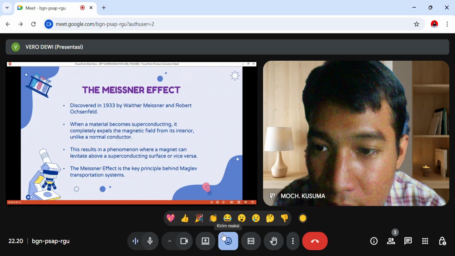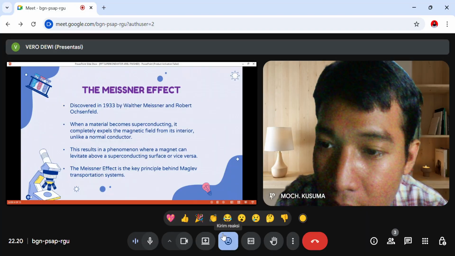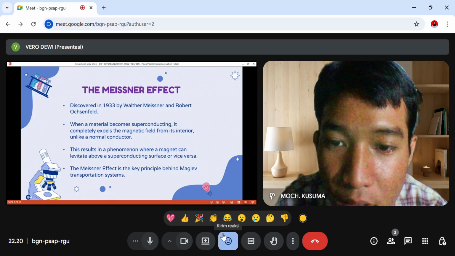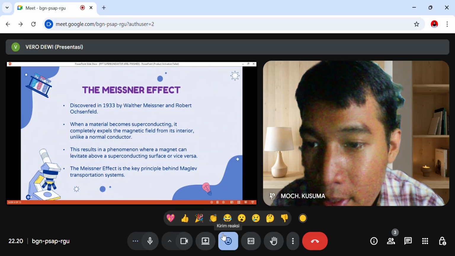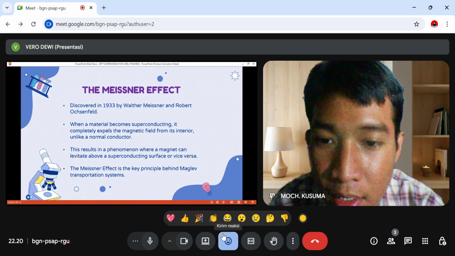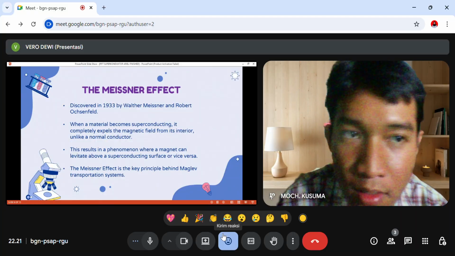This results in a phenomenon where a magnet can levitate above a superconducting surface or vice versa. The Meissner effect is the key principle behind maglev transportation systems.